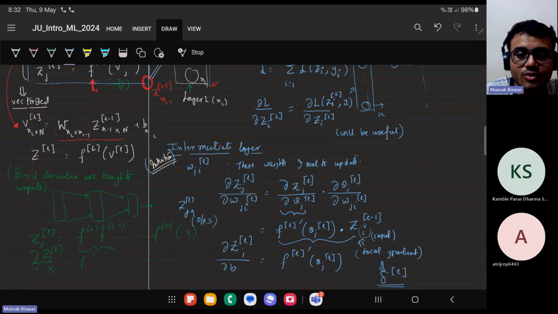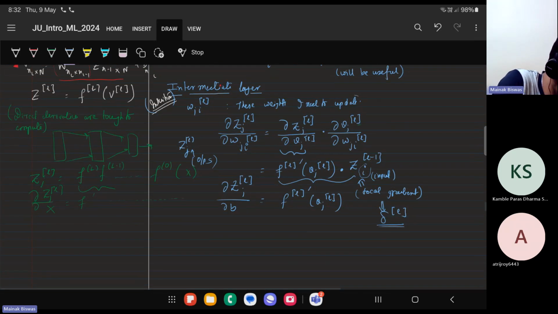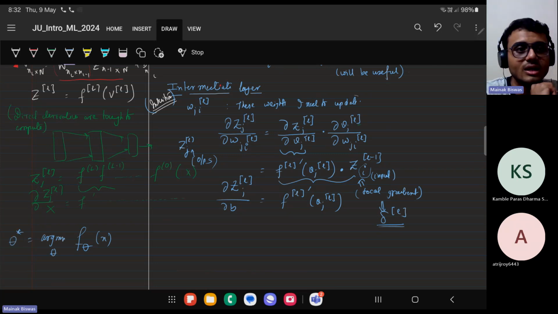What do I desire at the end of the day? I desire the derivatives of the weights with respect to some loss, right? You want to optimize for that loss, minimize the loss, right? What is the objective at the end of the day? If the neural network is f theta, you want to find argmin of theta, right? This is what you need to find at the end of the day.